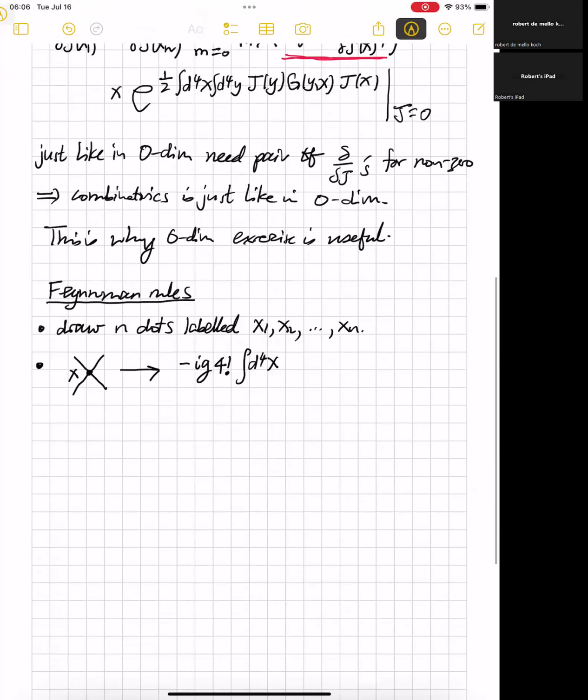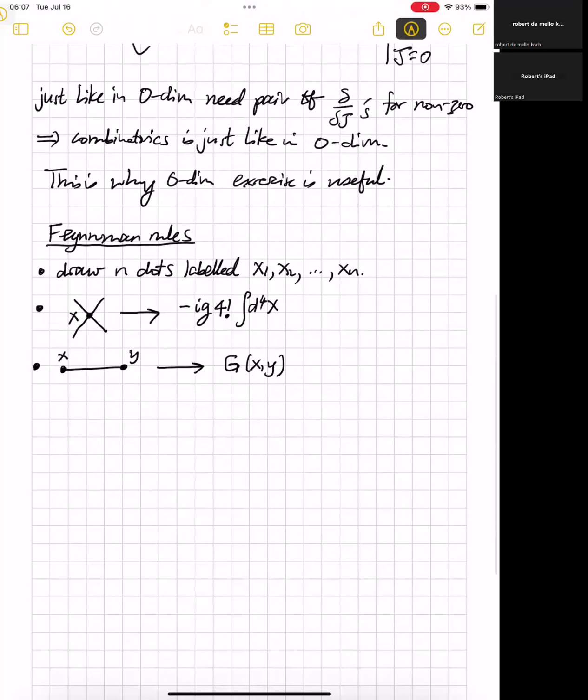Then next, if we have got a line and the endpoints are labeled x and y, then this translates into the Green's function, g of x, comma y. And the remaining rules are all things that you know from naught dimensions. So we have a factor of 1/2 for each closed line.